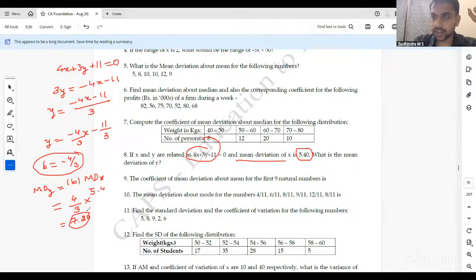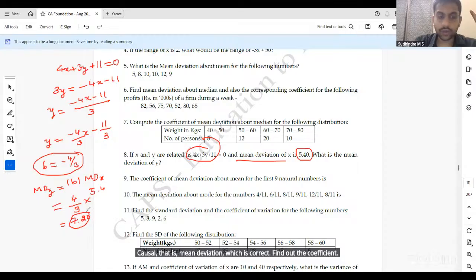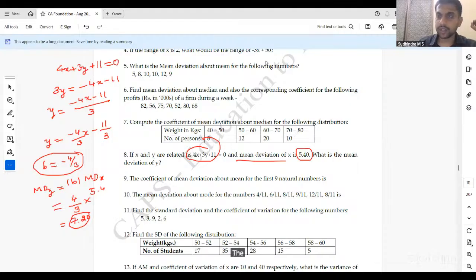Kaushal, that is mean deviation, which is correct. Find out the coefficient. Swati MC, yes, correct. Tanushri, yes. KS Tanushri, correct. Prapti, correct. Srinitya, correct. Okay, fine. They are asking us the coefficient of mean deviation of first 9 natural numbers.